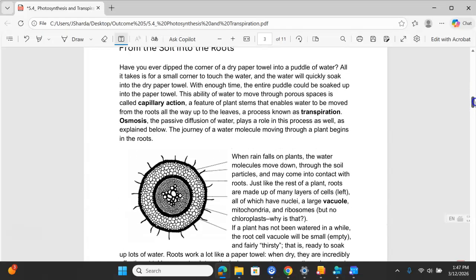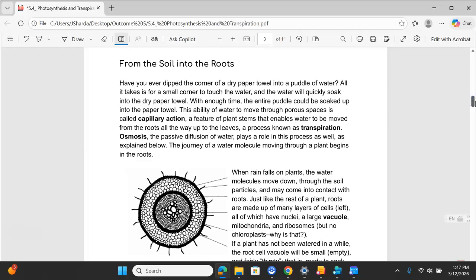So let's go through this first one. From the soil into the roots. This is addressing the O for the osmosis part. Have you ever dipped the corner of a dry paper towel into a puddle of water? All it takes is for a small corner to touch the water, and the water will quickly soak into the dry paper towel.